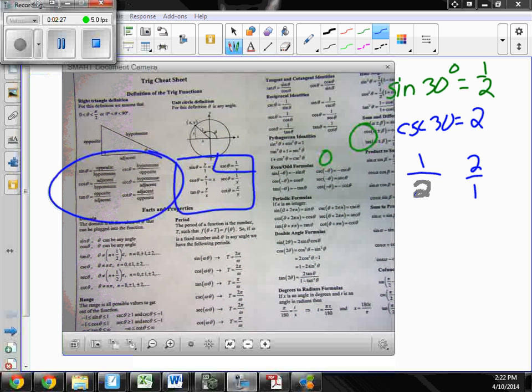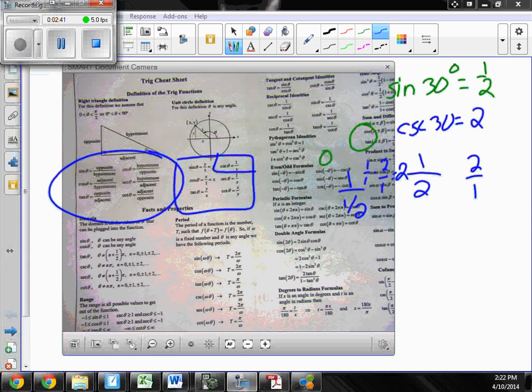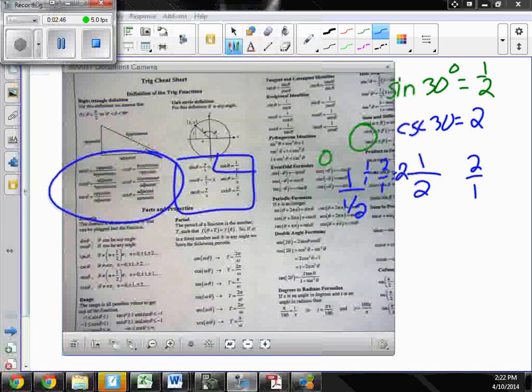The long way to do it would be 1 over 1/2, and then you have to flip it upside down. 1 over 1 times 2 over 1 is just 2. That's a mess. So it says 1 over y. You can find it that way, but the easier way is just to flip the sine upside down. For secant, flip the cosine upside down.